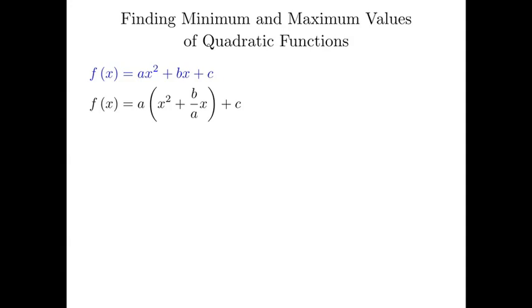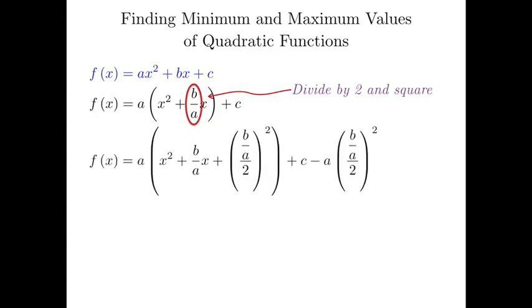Now our next step is to take that middle term, divide it by 2, and square it. And then we have to add that on the inside, and then we're going to have to subtract A times that term on the outside. So here we go. I know it looks scary, but on the inside there, we've got x squared plus b over a x plus b over a over 2 squared.